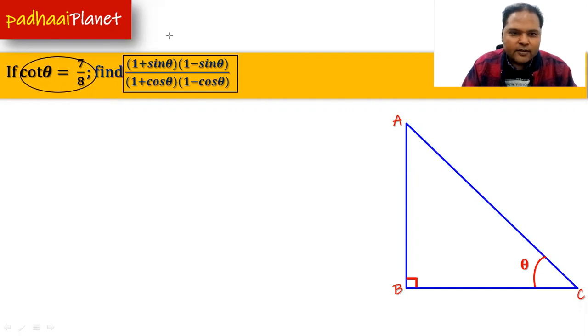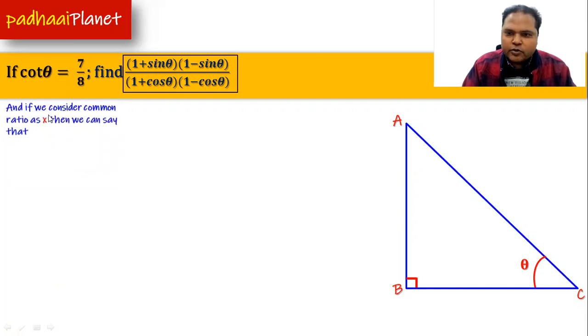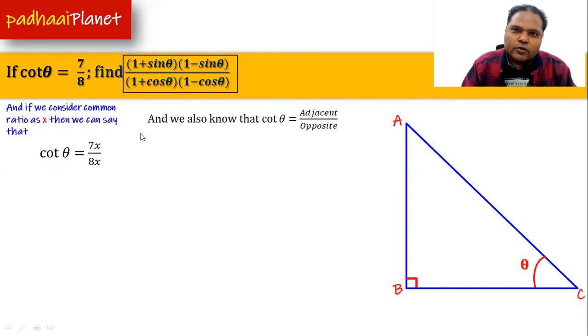So we need to move ahead from here, and we can just take the common ratio as x. If we take the common ratio as x, we can write cot theta is equal to 7x over 8x. And apart from this, we also know the trigonometric ratio of cot theta is equal to adjacent upon opposite.